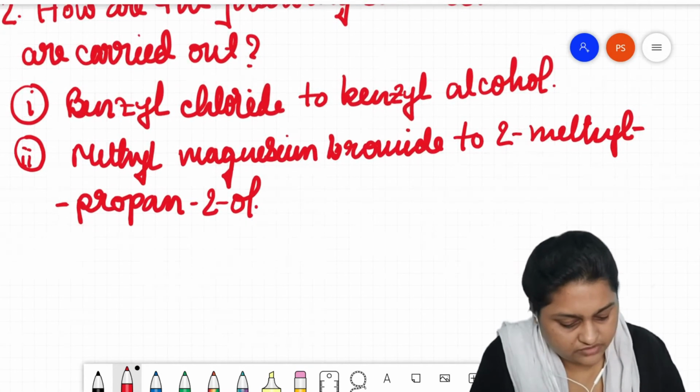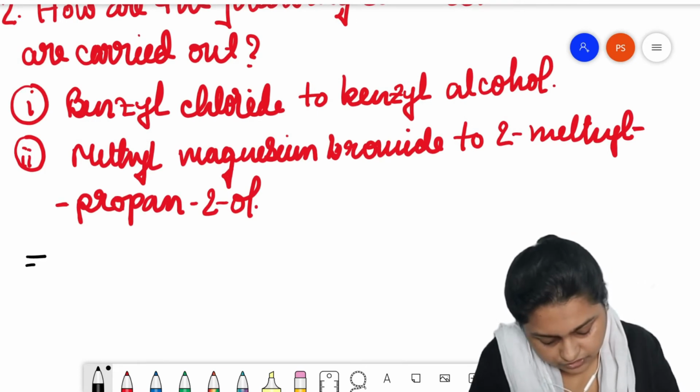So these are the two conversions that we need to do.